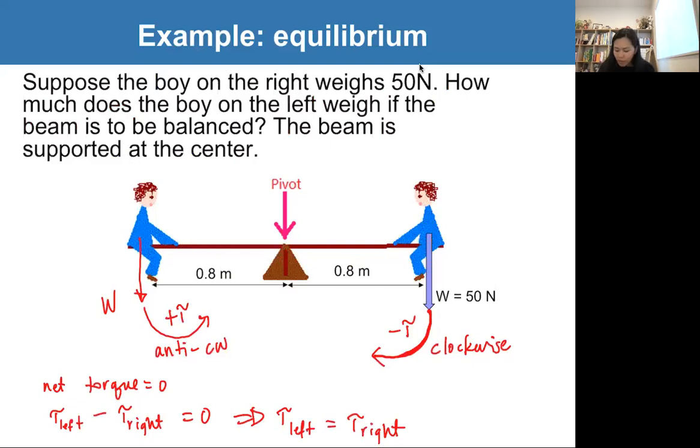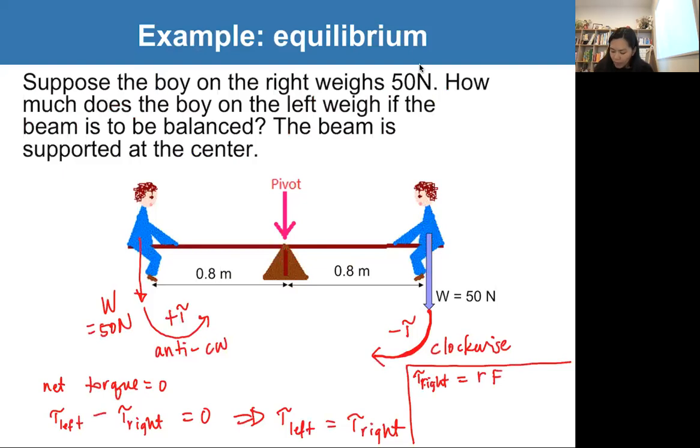If we wanted to calculate the torque, so how much torque? We know it should be 50 newtons, also the weight of the buoy on the left. If you want to find the actual torque, let's find the torque of the buoy on the right. Torque is equal to moment arm times the force that will cause the rotation.